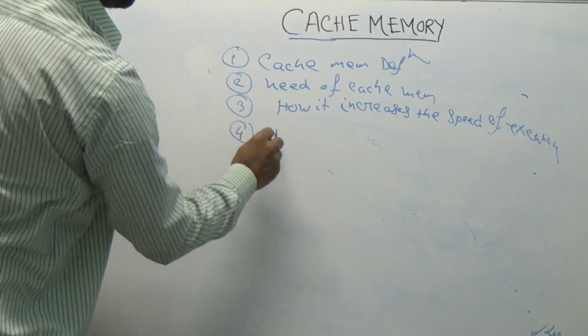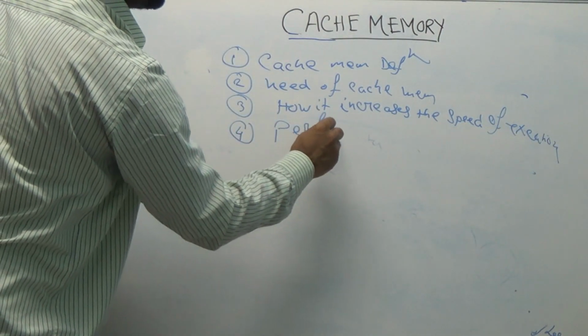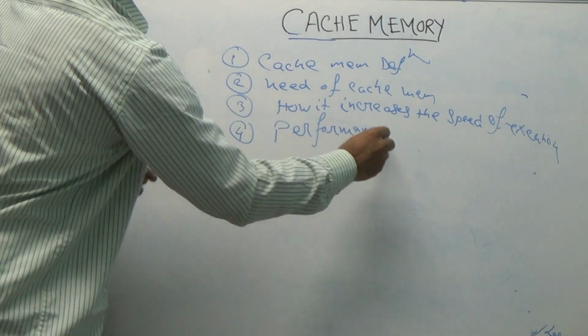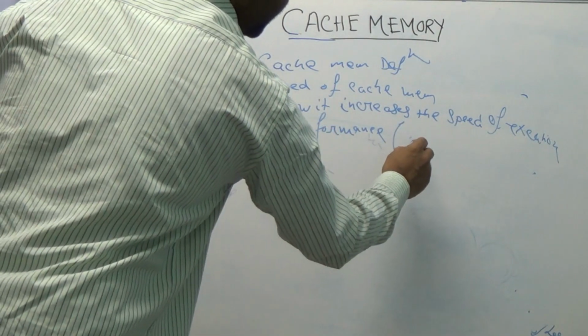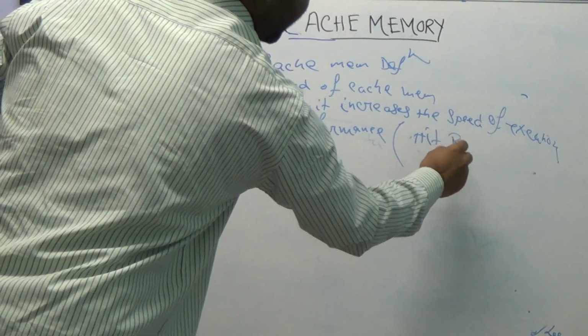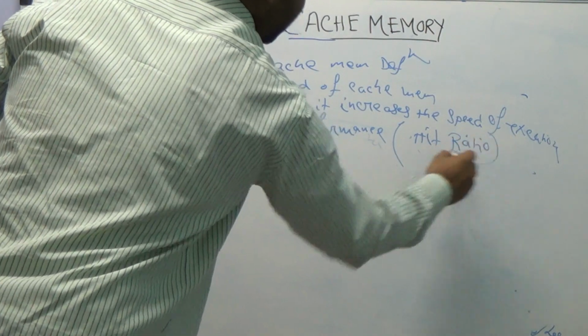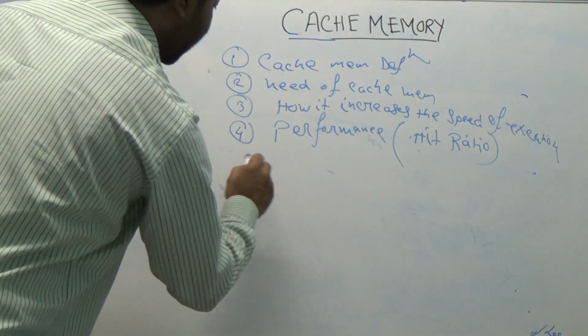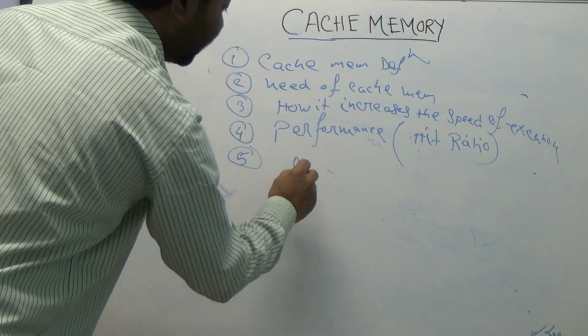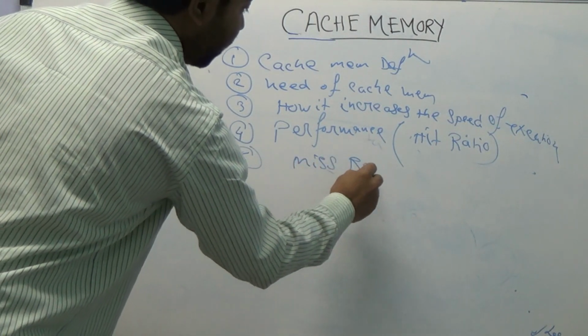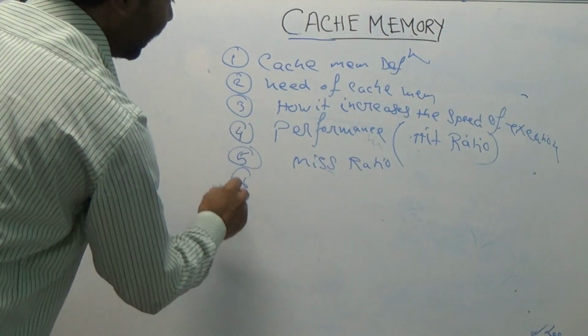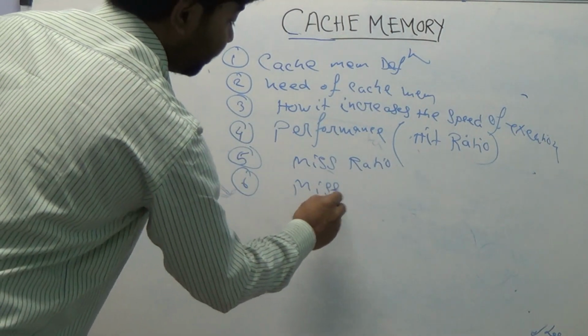Number 4, performance of cache memory, which is calculated as hit ratio. Number 5, what is miss ratio. Number 6 is what is miss penalty.